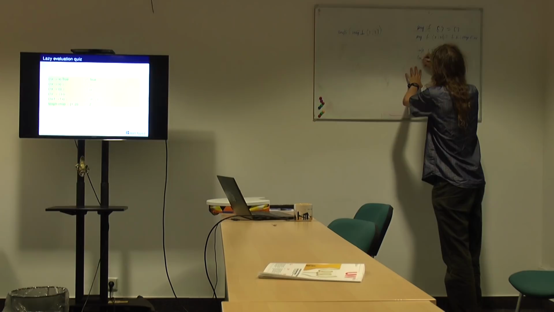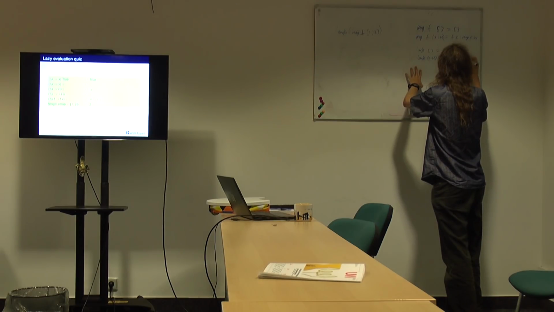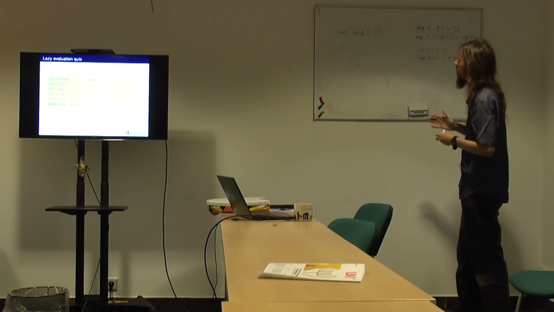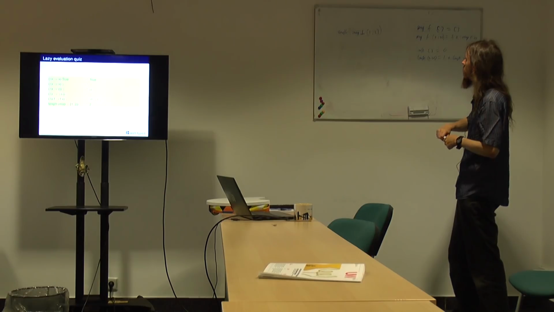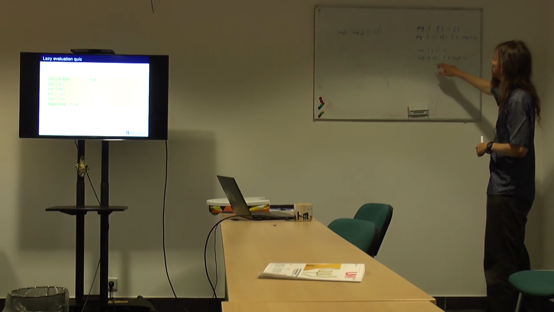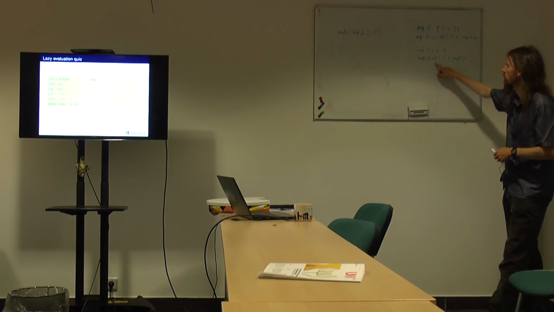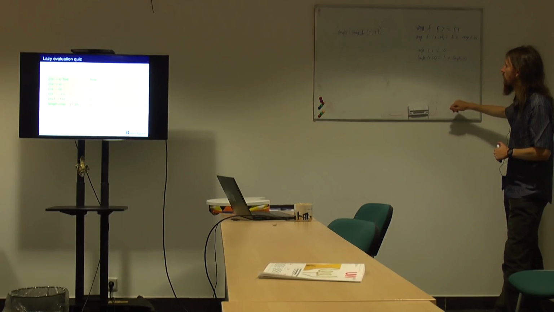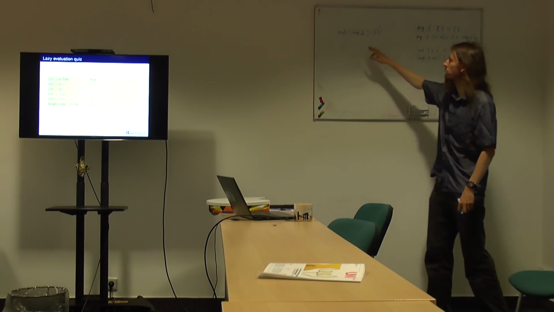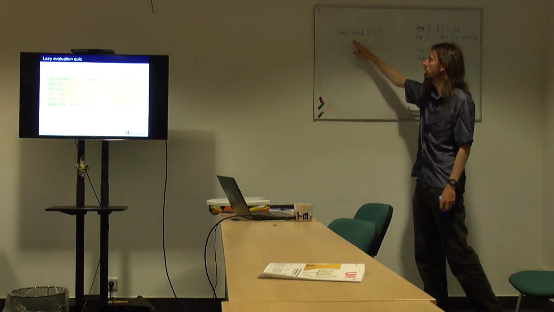So length requires its argument to be in weak head normal form to be able to distinguish the cases. So that's going to force the evaluation of this, right?